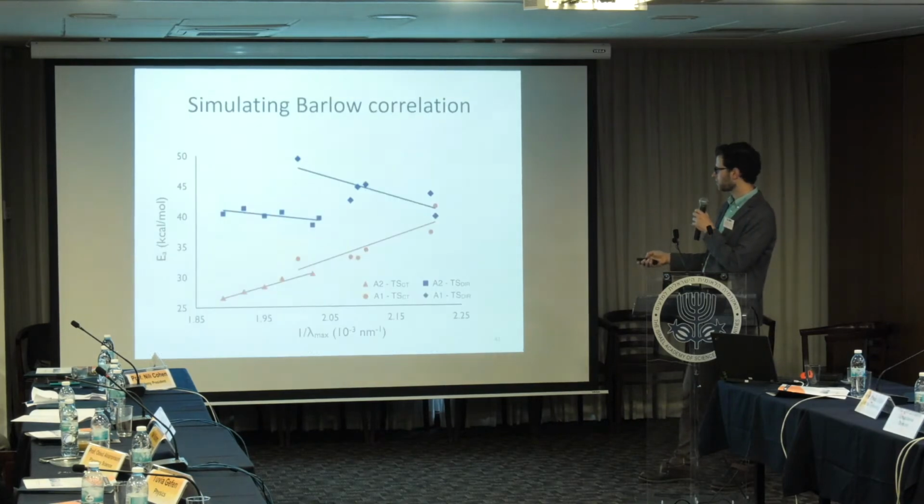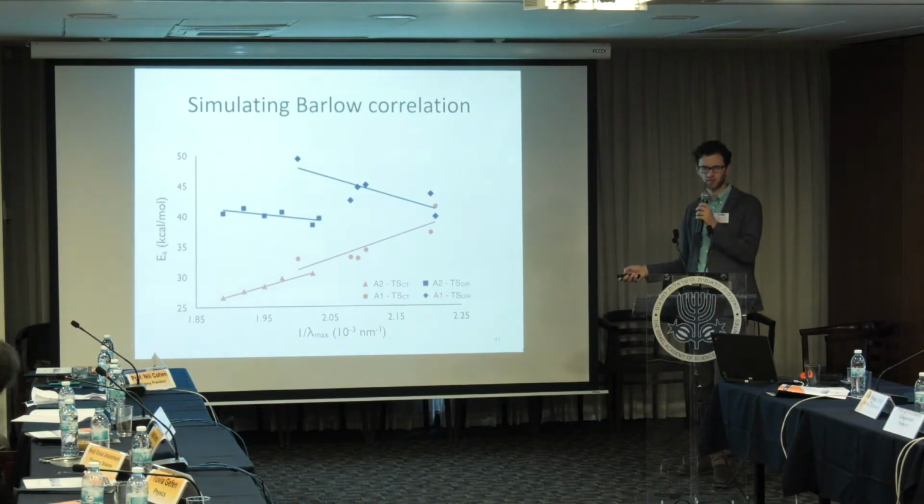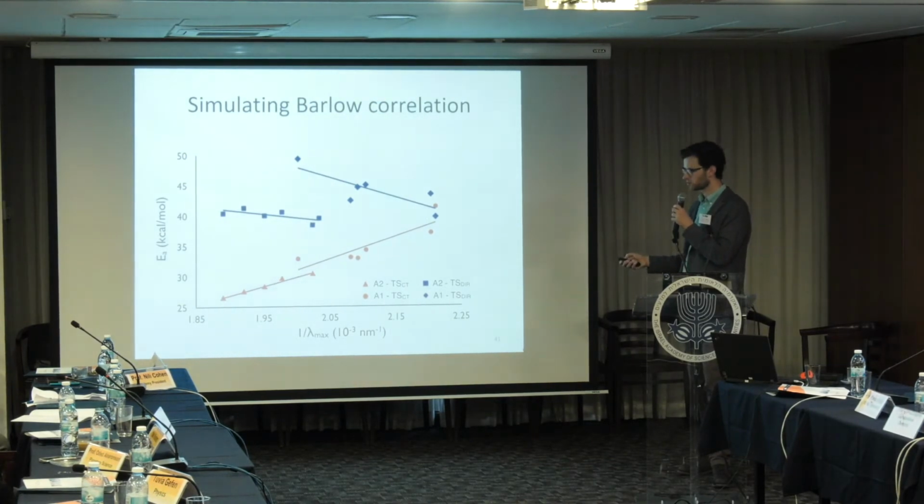To prove that, we have simulated this Barlow correlation. We plotted the excitation energy against the charge transfer transition state and the radical one, shown here. Basically, only the charge transfer transition state gives you exactly the same slope as the experiment, while the radical one gives you the opposite slope. It gives you this slope shown here in blue.